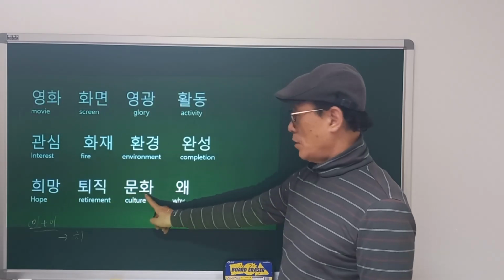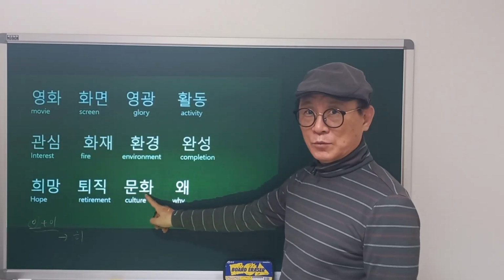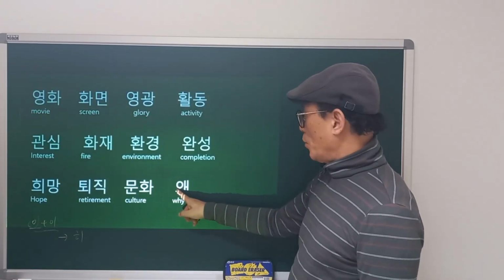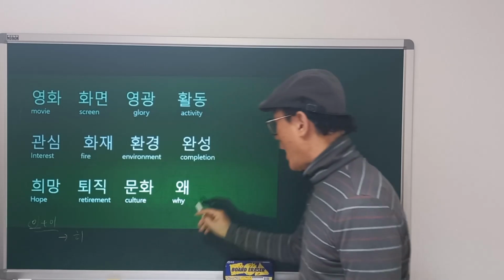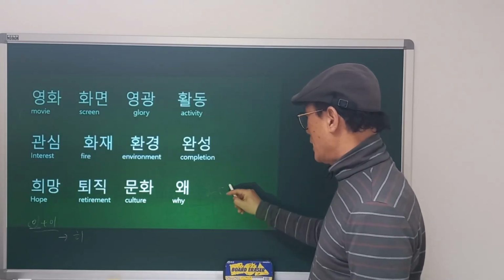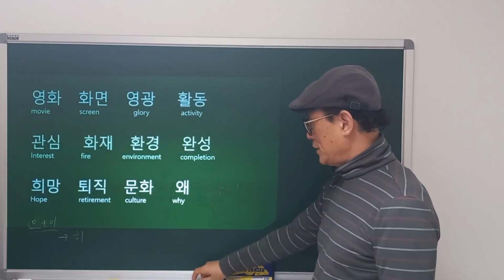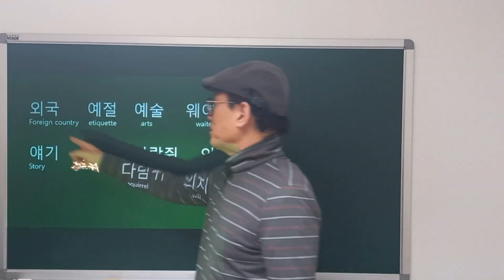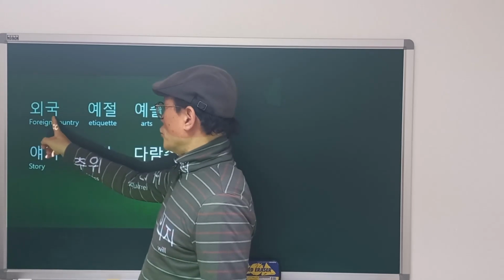문화. 화, 문화. How about this? O plus 에. So 오에. O plus 에. 왜. This is 왜. 왜 is why. Same. 외국.